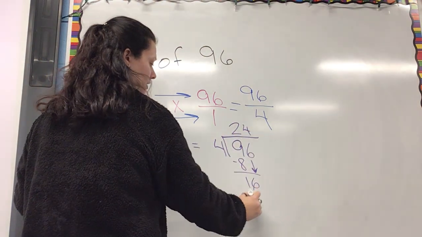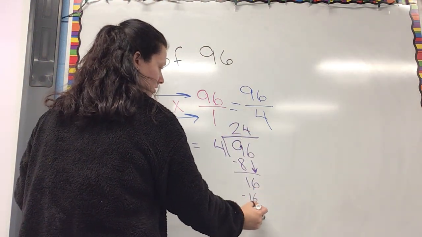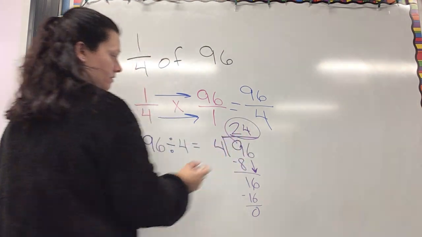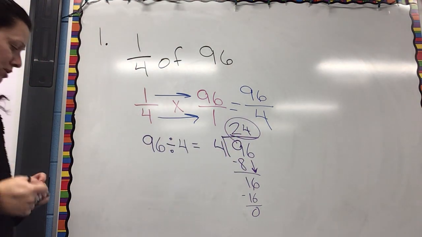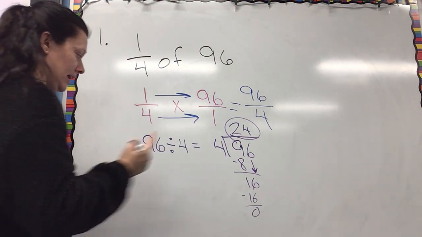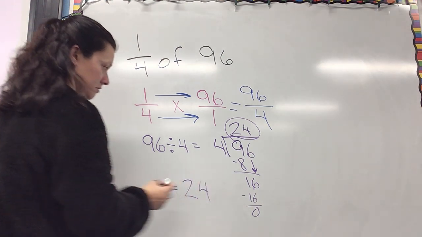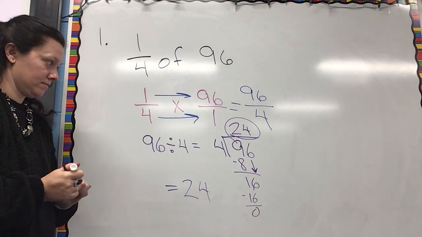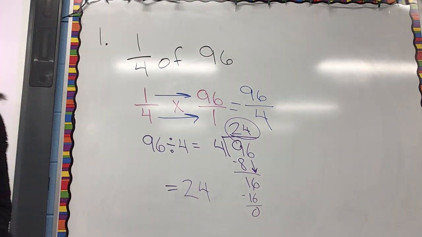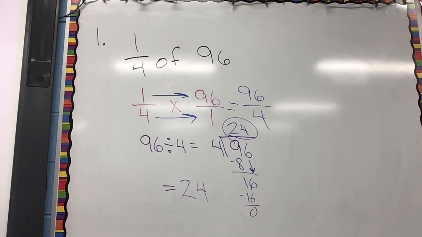Is there anything left over? No. So what's our final answer? 24. Make sure you circle it on your paper or rewrite it down below. So it's always easy to find answers. All right, number 2.